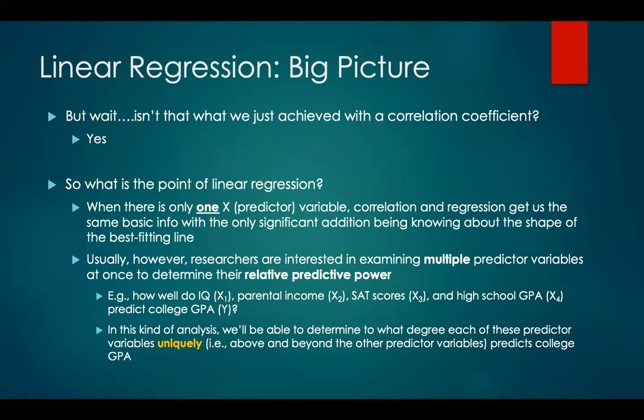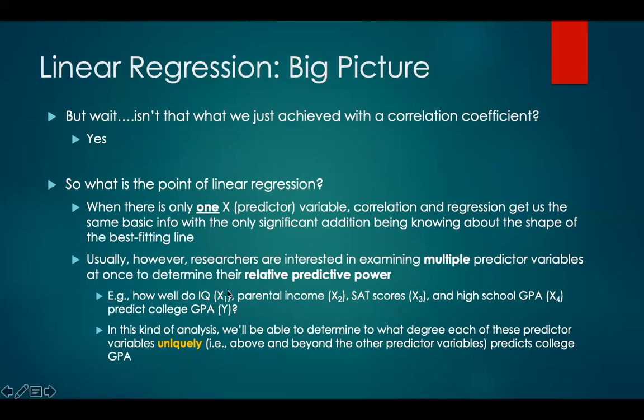Yes. So what is the point of linear regression? Well, when there's only one x predictor variable, correlation and regression get us the same basic information, with the only significant addition being knowing about the shape of the best fitting line. Usually, however, researchers are interested in examining multiple predictor variables at once to determine their relative predictive power.